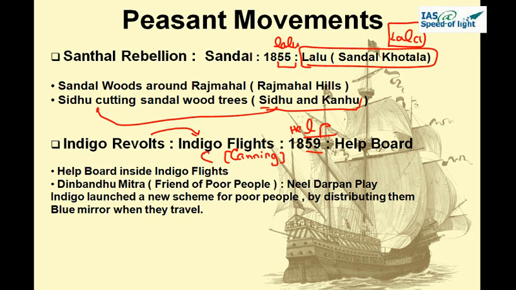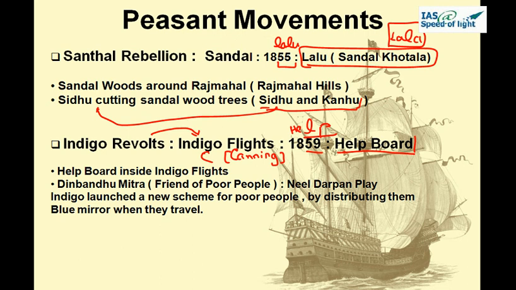HELP, help board. So you went to the Indigo flight and there were so many help boards that they have put inside the flight. So help boards, HLP, that is 59, 5 is L, 9 is P, help board. We are relating it with Indigo flights or Indigo revolt.